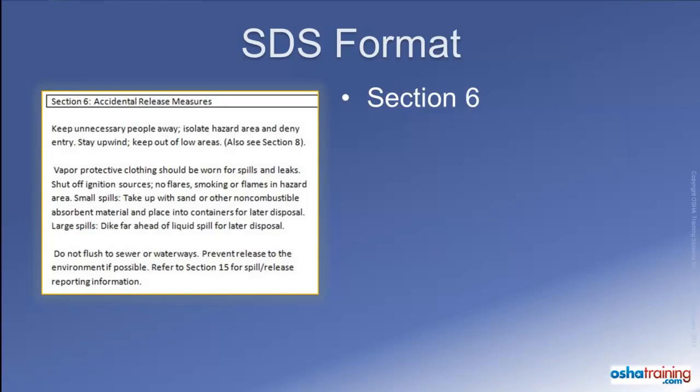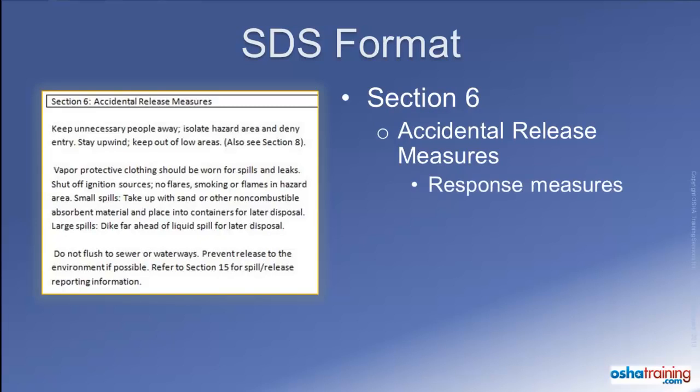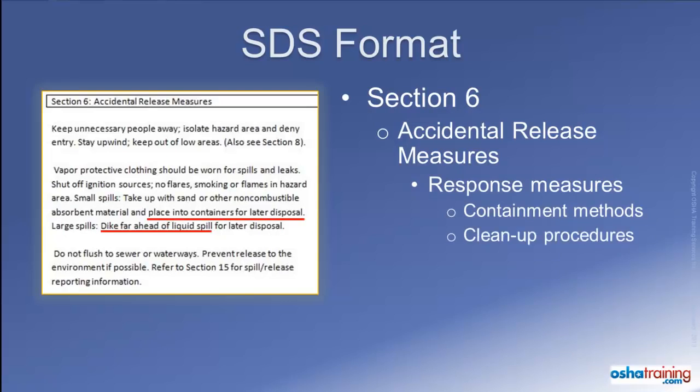Section 6 of the safety data sheet provides the manufacturer's recommendations for responding to spills, leaks, or accidental releases of their product. This could include response measures for containment and cleanup methods to be used to prevent or minimize exposure for response personnel.